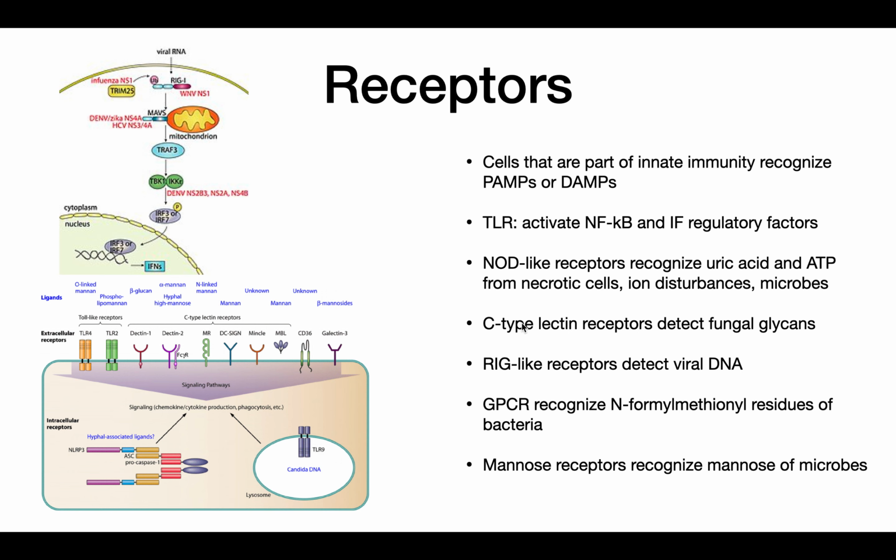But it's a D type versus our human cells, which use L type. So if you don't know what I'm talking about, review chirality. So all of them have D-type sugars on the capsid or the cell membrane. So that's how our cells, the Rig-like receptors or the C-type lectin receptors, recognize.